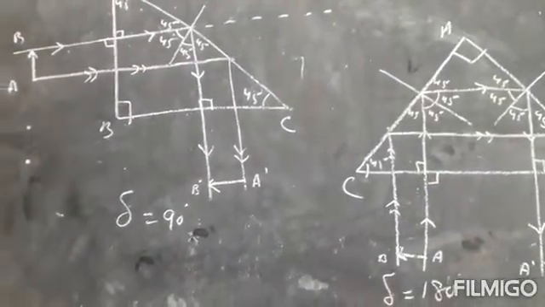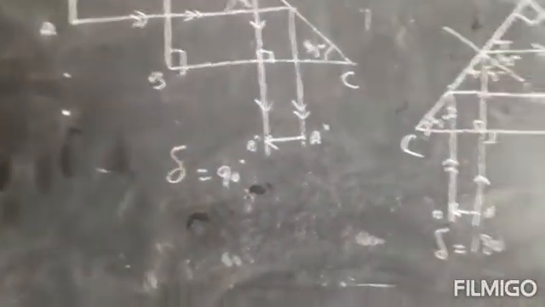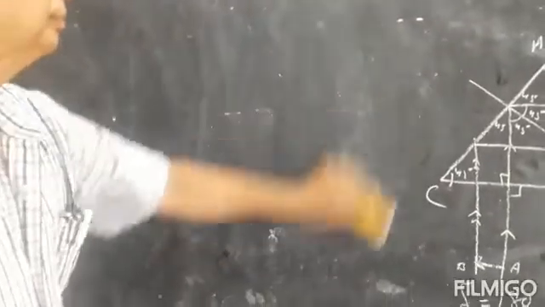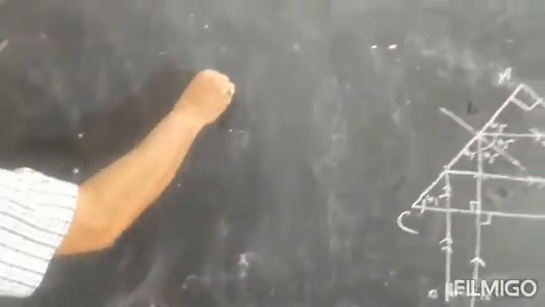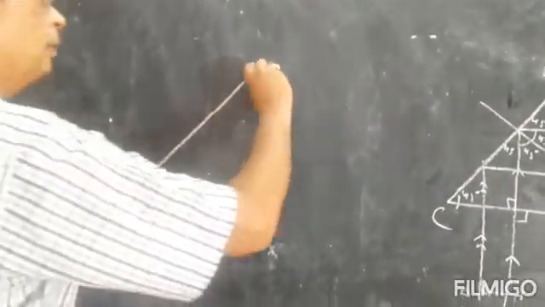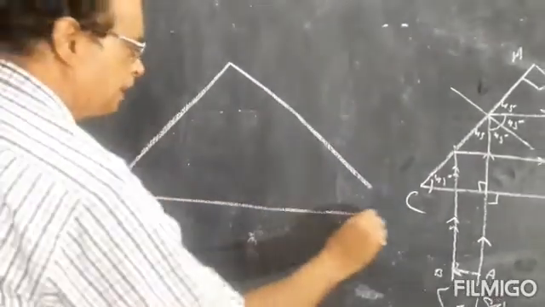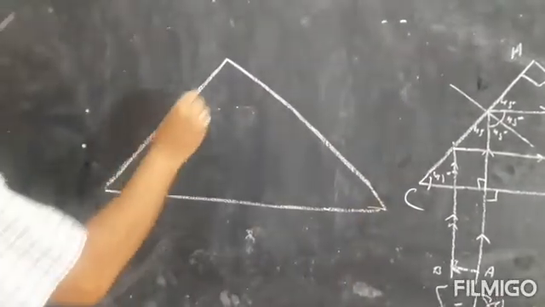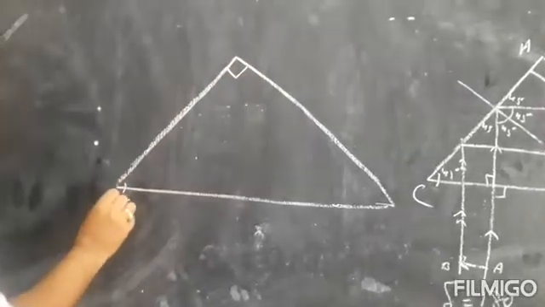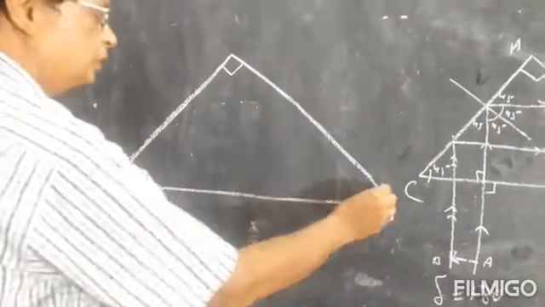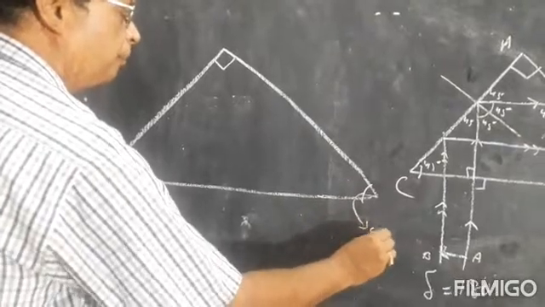Clear? Now we'll see another case, that is when, say, this is the prism, right angled isosceles prism, 90 degree, this is 45 degree, this angle is 45 degree.